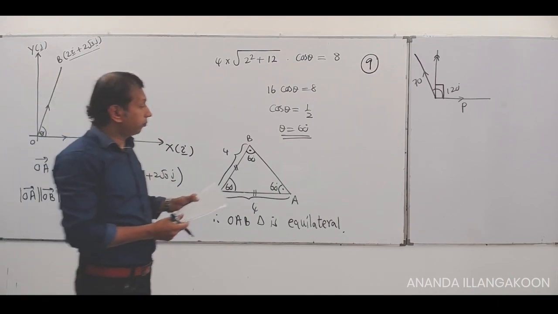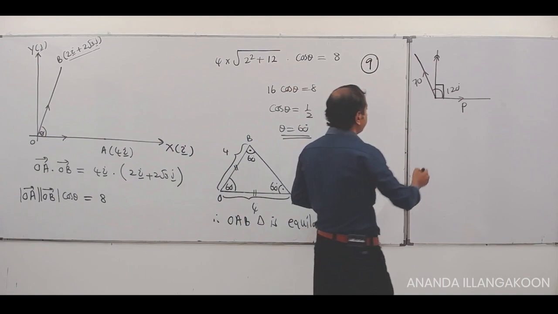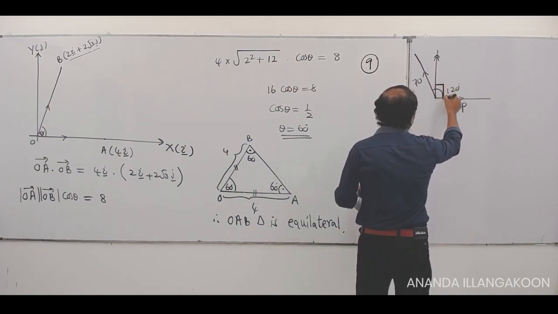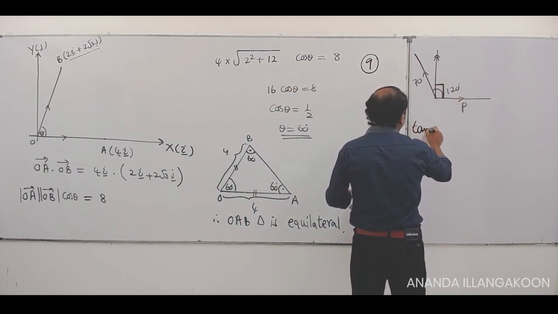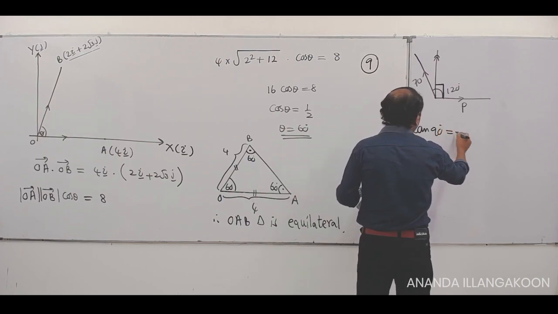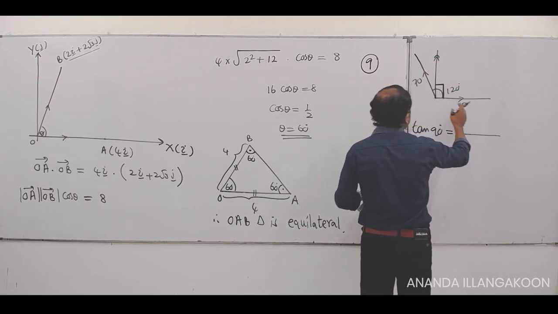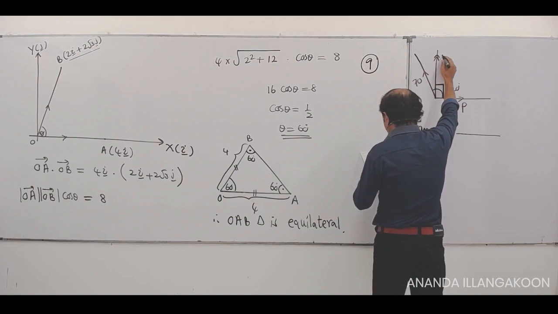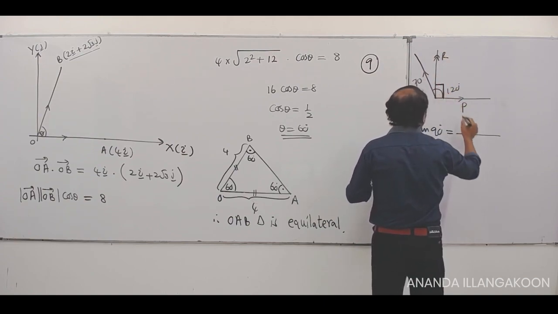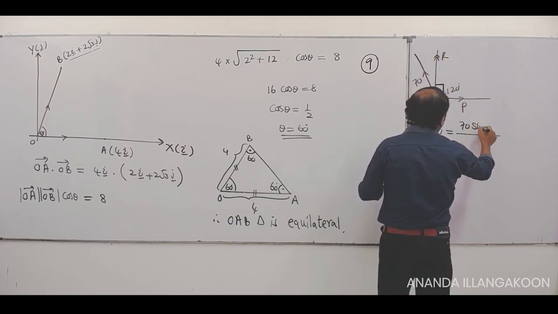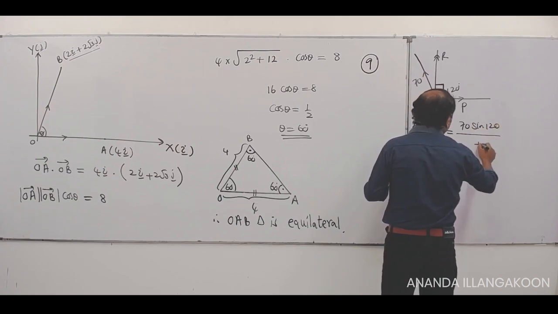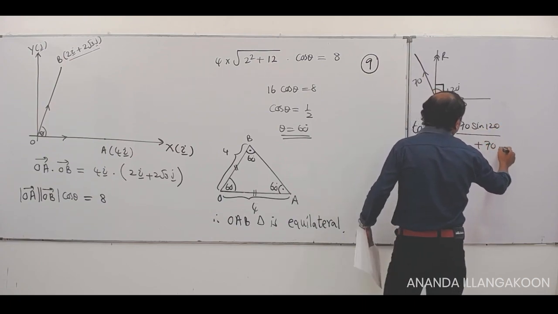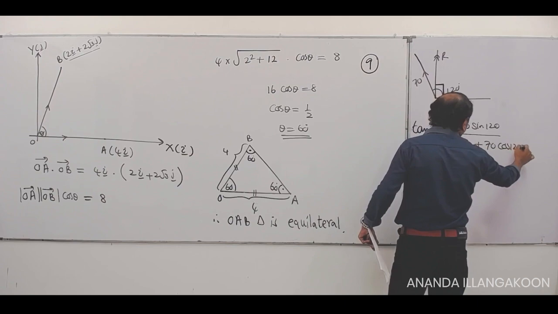Okay, you know, for this angle, we can write its tan value. Tan 90 is equal to, we know how to write its right hand side. This is given as R, no? 70 sine 120 in the numerator, denominator P plus 70 cos 120.